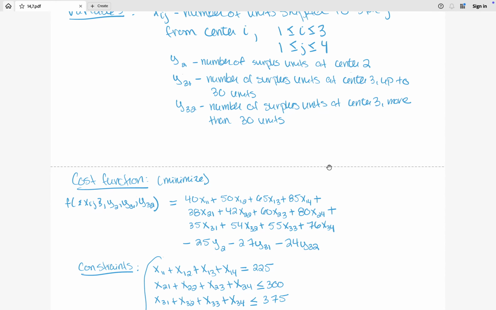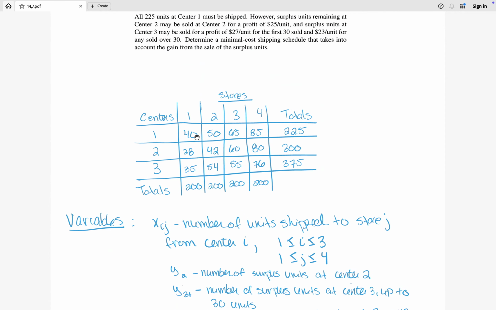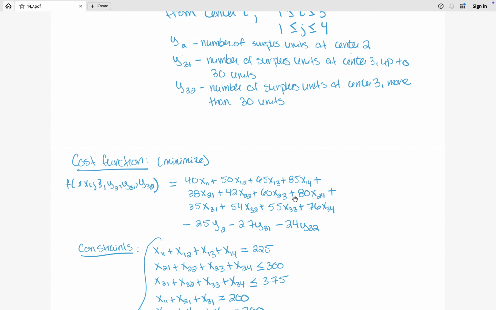So our cost function is just going to be the cost of shipping. So this was, I think, $40 to ship from distribution center 1 to store 1, and so on. So I just literally totaled up basically every cell inside here, multiplying it times the appropriate variable, and summed those together.